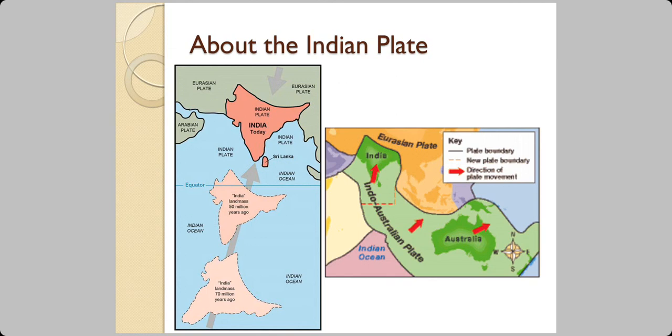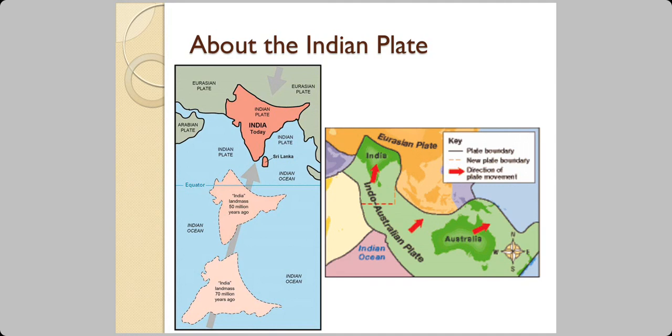Now, over a period of time, some 70 million years ago, this plate broke, and the Indian subcontinent moved upwards and hit the Asian subcontinent. Once upon a time, India was below the equator. Now this went up towards the north and is now there in the place where we know it is.